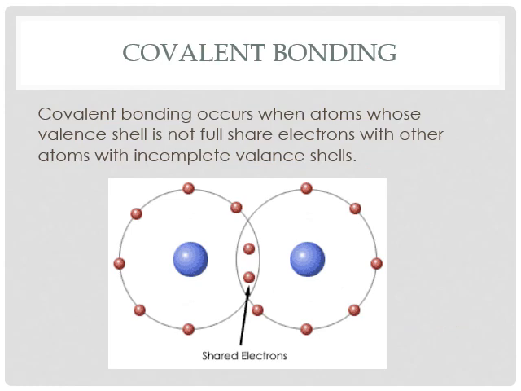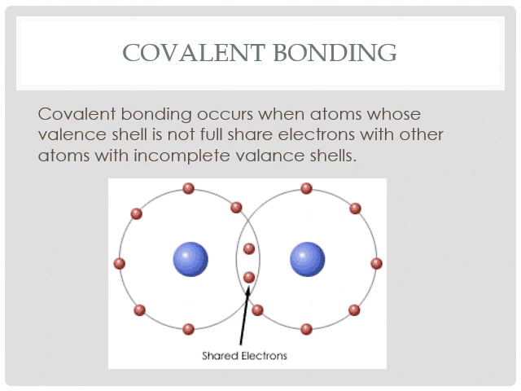They do this when their valence shell is not completely filled. So most atoms are going to have 8 valence electrons in their outer shell, except for 2. These exceptions are important to know. Hydrogen and helium are both stable with 2 electrons in their outer shell.